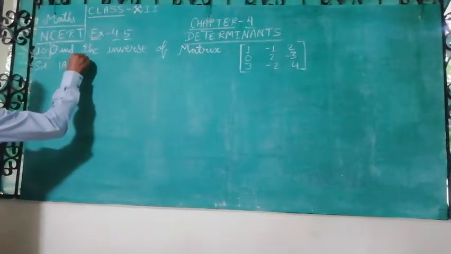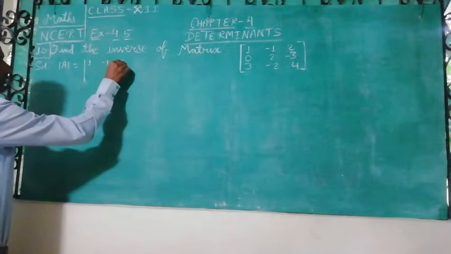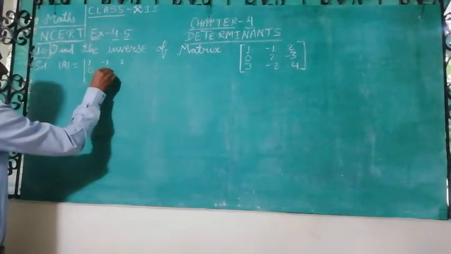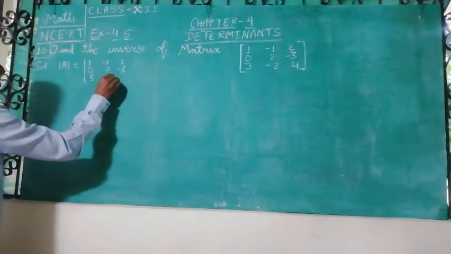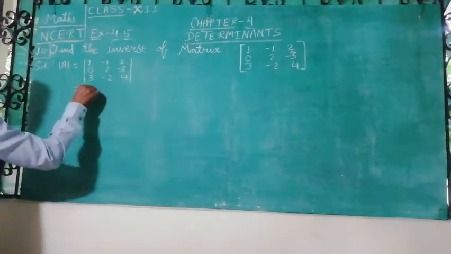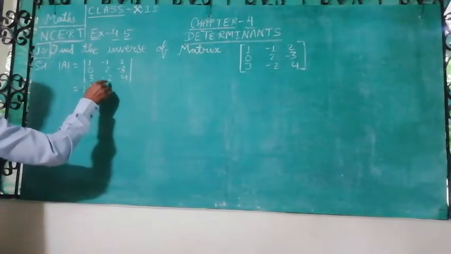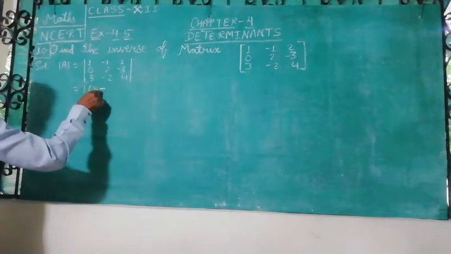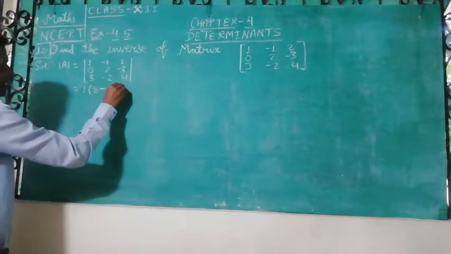Determinant of A means we have to find the determinant of this matrix: 1, -1, 2; 0, 2, -3; and 3, -2, 4. So the determinant will become 1 into (2 4s are 8 minus, minus into minus will become plus, and this minus is as it is, 2 3s are 6) plus 1.